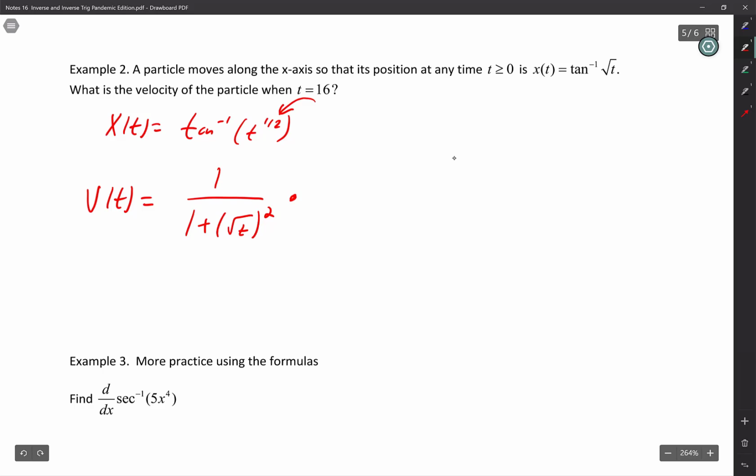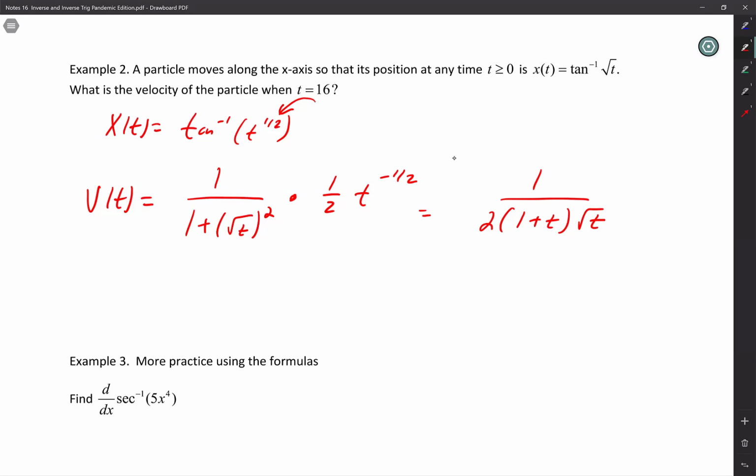chain rule, 1/2 t to the negative 1/2. So rewriting this, 1 over 1 plus t when I square the square root of t. And I'm going to have a square root of t next to it, and a 2 in the bottom here as well.